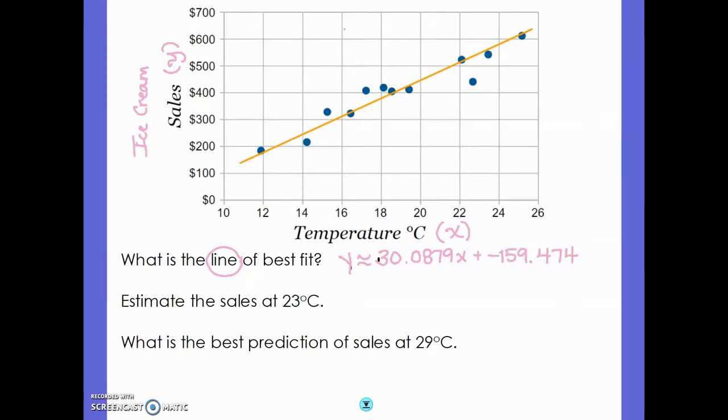I can get rid of this plus sign here because it is subtraction. Don't need a plus and a minus together. That's going to be the line of best fit, so that's going to best represent this data.